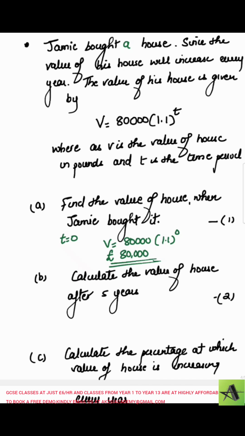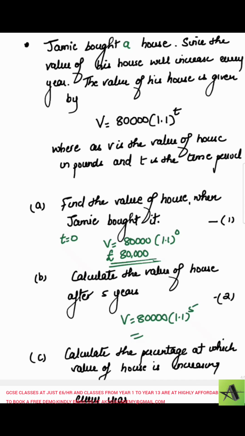Calculate the value of the house after 5 years. So we only need to replace t with 5. That's it. So substituting this value, V equals 80,000 times 1.1 to the power of 5.